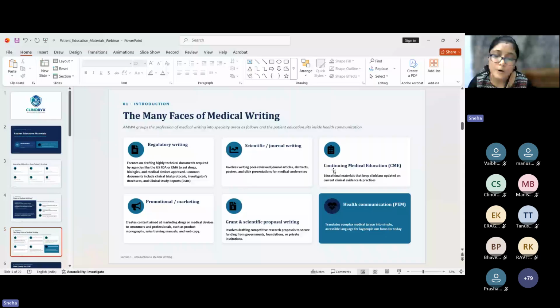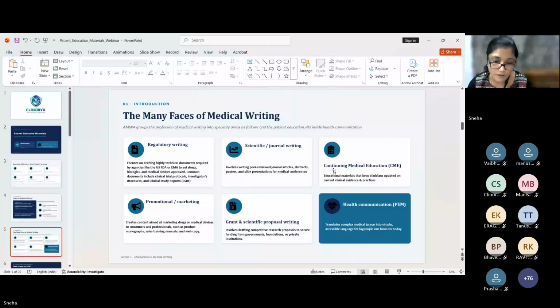And finally, last but not the least, is health communication, and patient education material sits at the heart of health communication. It means translating complex medical jargon into simple, accessible language for lay people, which is our focus for the day.